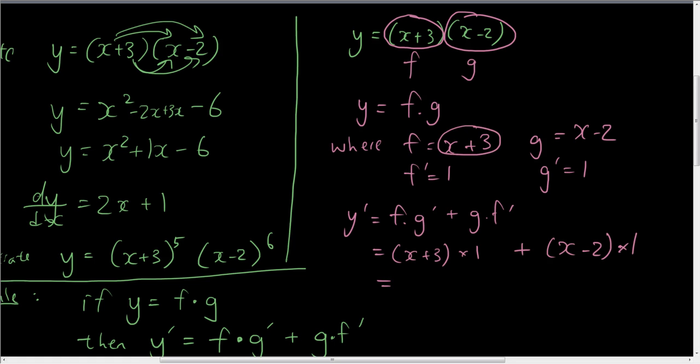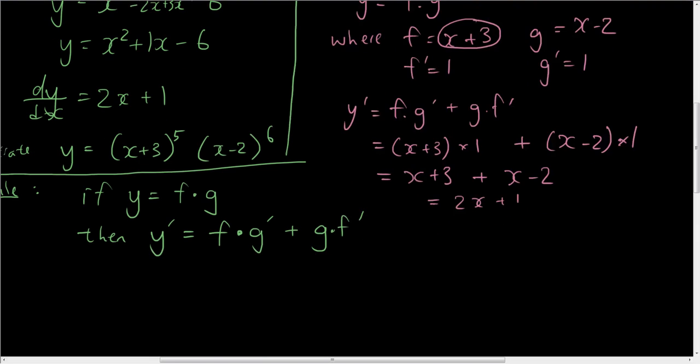So the answer is x plus 3 plus x minus 2. So the answer equals 2x plus 1. So that's the same answer as what we had before, 2x plus 1, same answer.